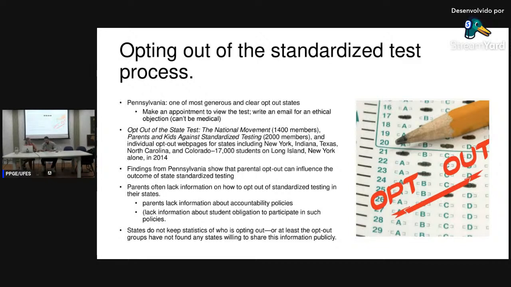Então, ela diz que quantos mais os pais se organizam nas escolas para poder retirar as crianças da testagem, mais os testes podem ter resultados mais baixos. States don't keep records of who opts out because they're not supposed to have it.